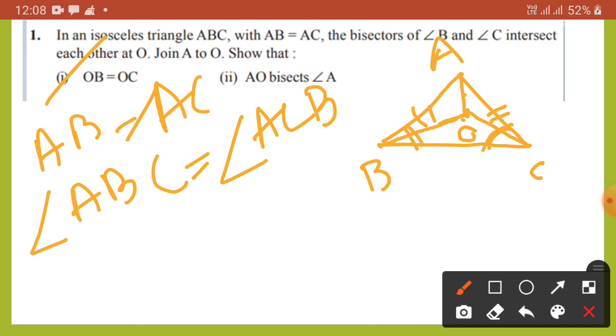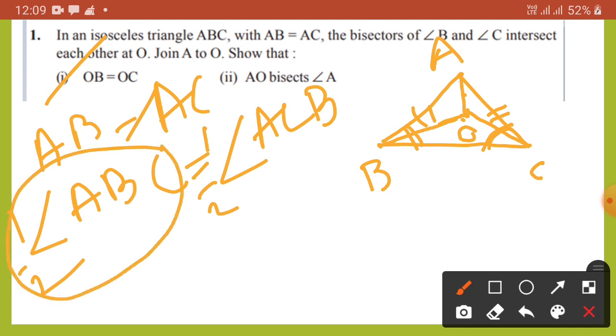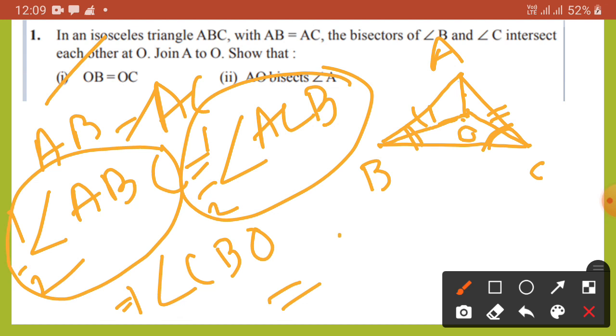Now if we multiply half on both sides, that will be half angle ABC is equal to half angle ACB. So half of angle ABC is equal to angle CBO and half of angle ACB is angle BCO.